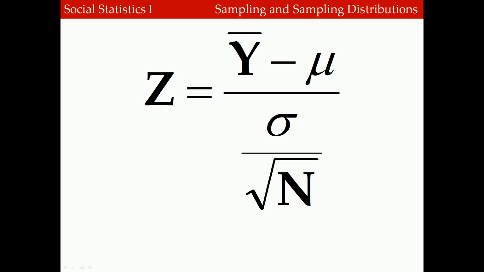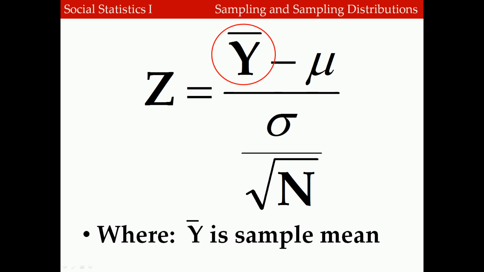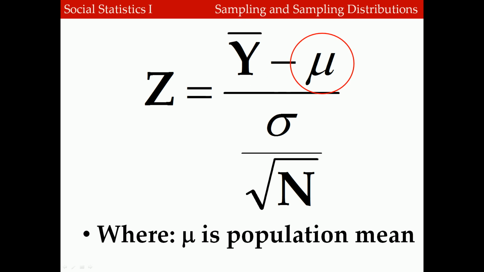And so here's the formula that we use when we're dealing with a sampling distribution. In the formula, y bar is the sample mean. This is the thing that's actually being distributed now. So whereas last time we had a sampling distribution of some variable y, now we have a distribution of sample means. And so we're going to subtract from the value of the sample mean the value of mu, the population mean.